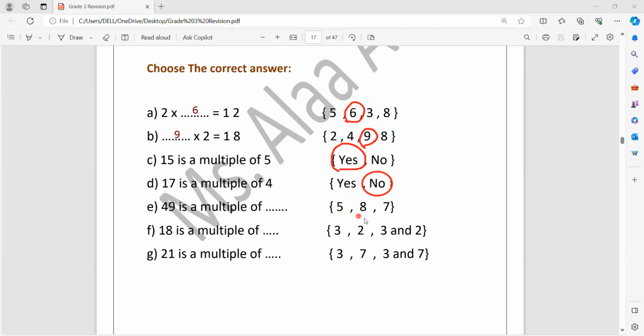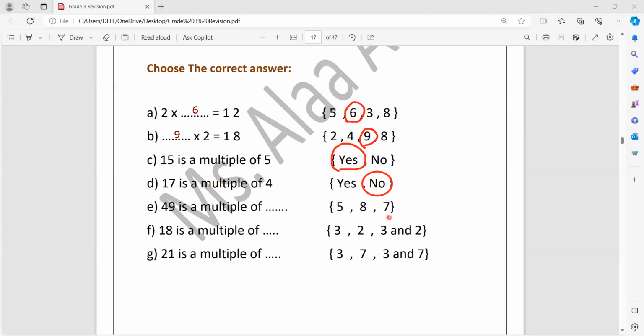What about table 8? Can you search in table 8? Do you have 49? Of course not. We don't have 49 in table 8. What about timetable 7? Can you find 49?